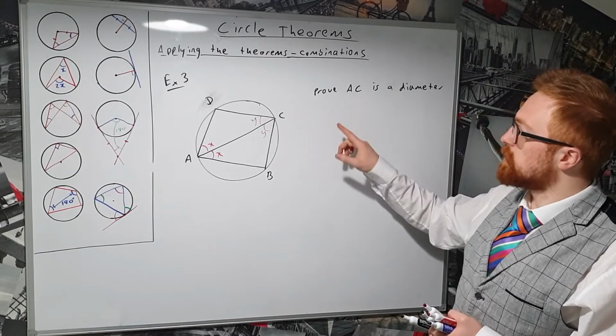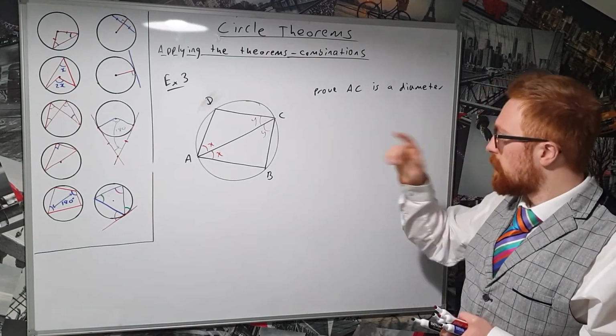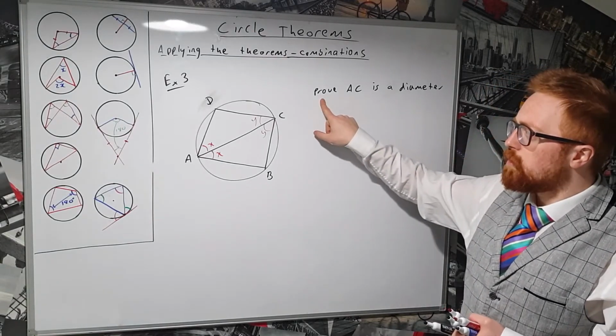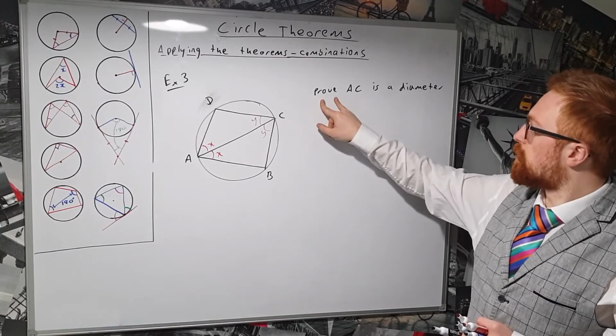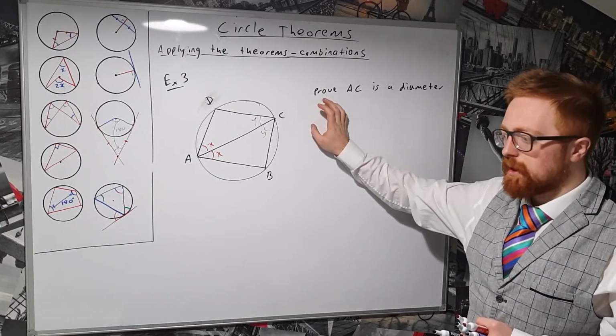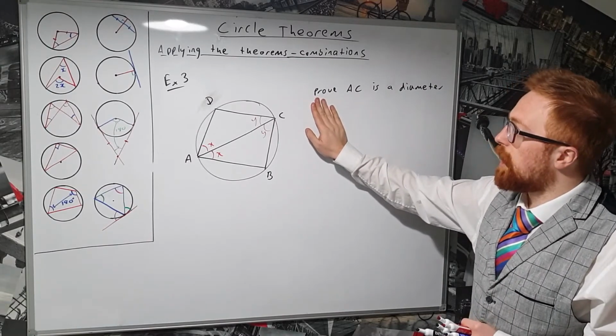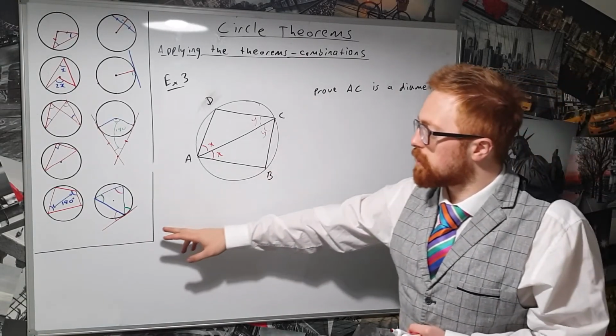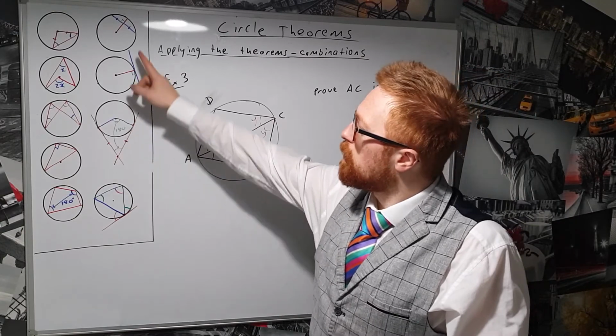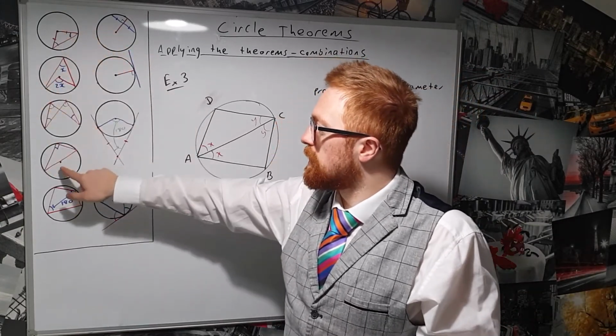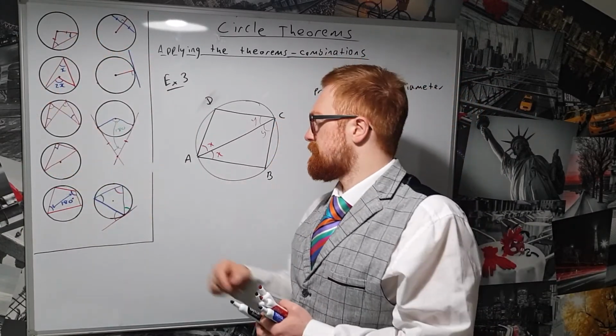Don't worry, because we can have a think about what we would need to know to prove that AC is a diameter. Looking at our circle theorems, the only one that involves a diameter is this one here.